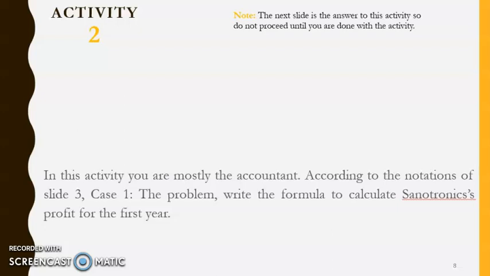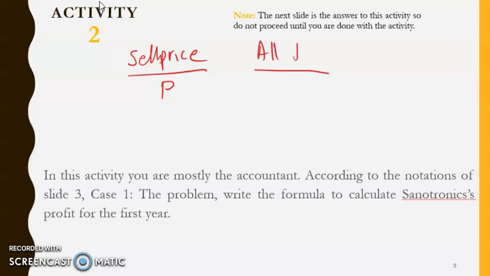So try to learn that. When it says here, write the formula for calculating the profit, imagine we had a simpler case in which it tells us the selling price is P and all the costs C. It's a very simple problem.